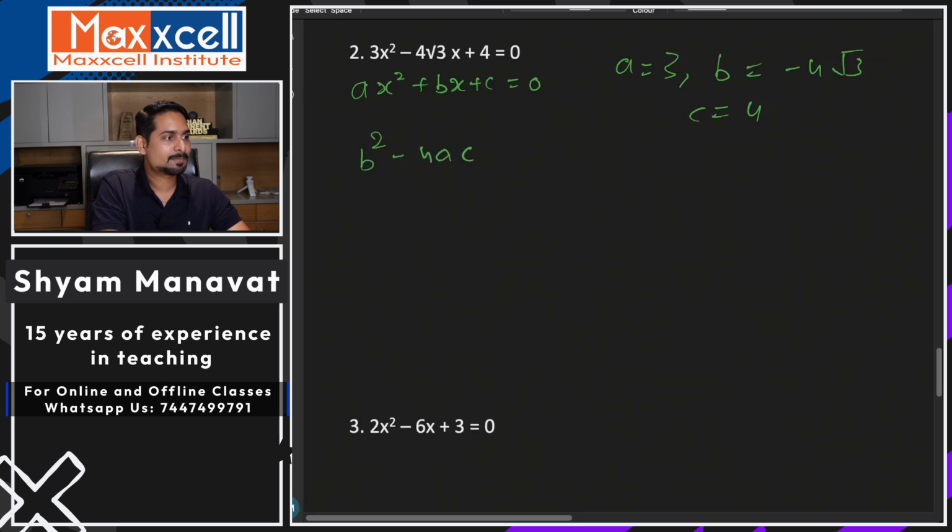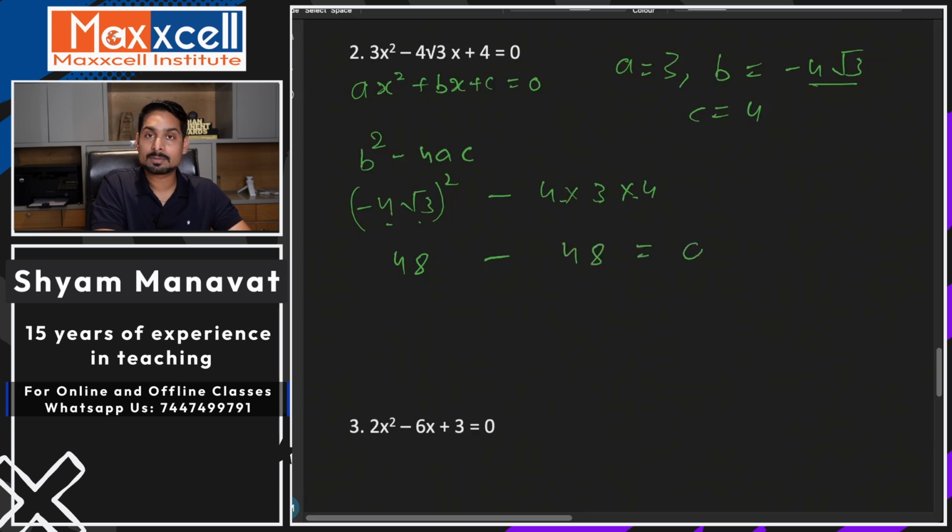Yeah, b square minus 4ac. We need to check this. b square, minus 4 root 3 square, minus 4 into a is 3, c is 4. Minus a square is plus, we have learned this. 4 square is 16 and root 3 square is 3. So 16 into 3, 16 3s are 48. Minus 4 4s are 16 into 3, 48.